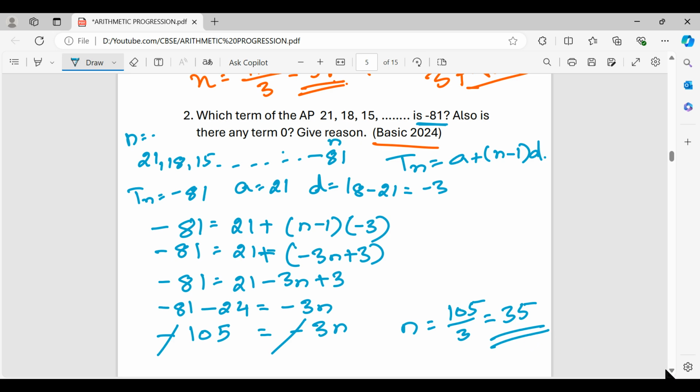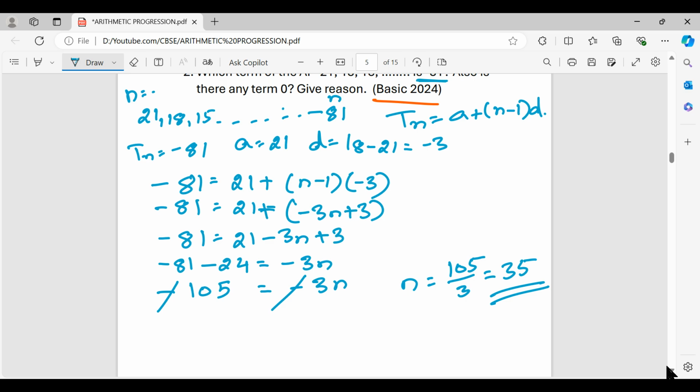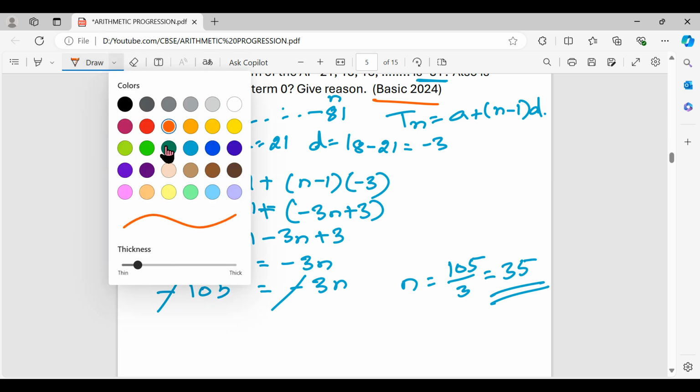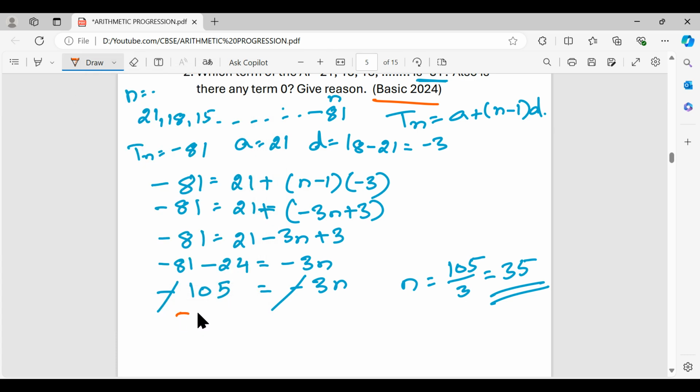Now the next part of the question is, also is there any term 0? First, let me write this. Minus 81 is the 35th term. Done. Now, the next part of the question is, is there any term 0?